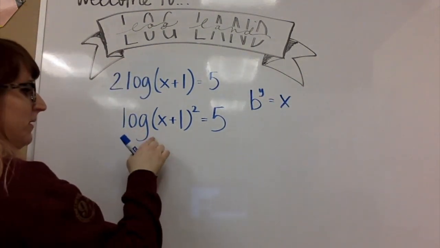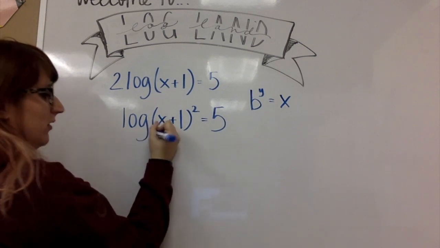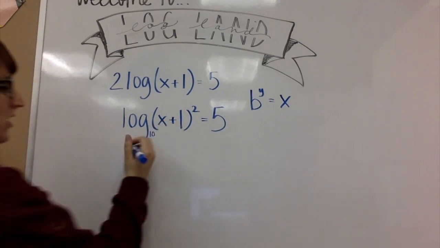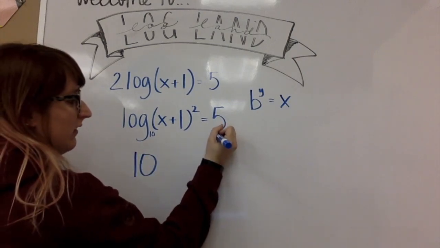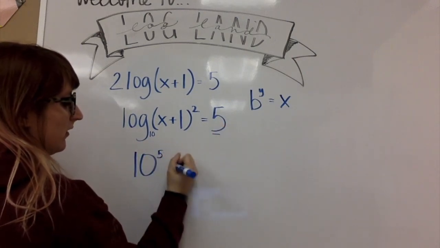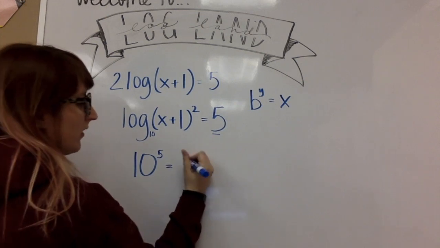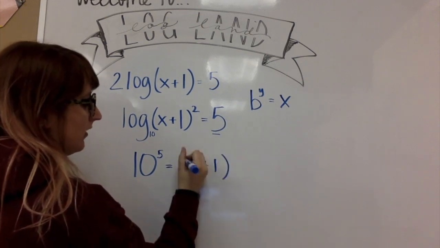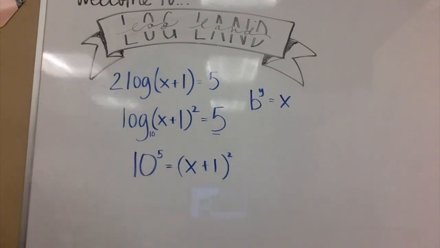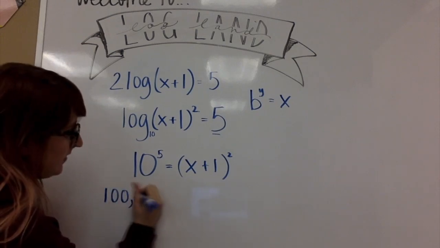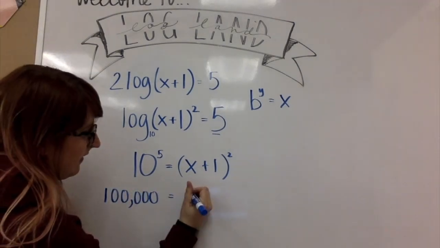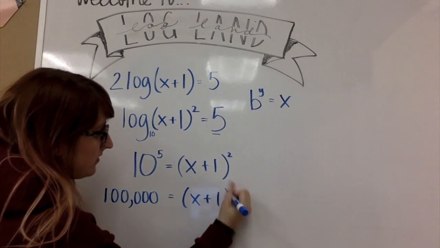So our base here for log, if we don't have one, we know it's 10. So we're going to have 10 to the 5th power equals x plus 1 squared. So now that we have this, we know that 10 to the 5th power is going to be, I believe, 100,000, and that's going to be equal to x plus 1 squared.